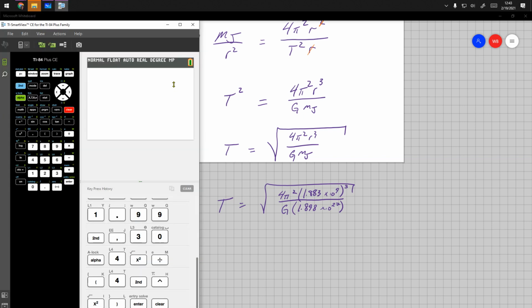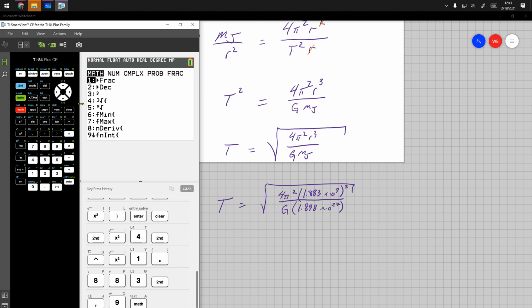And so now I'm going to grab my calculator and I'm going to do all of that stuff. So do it in one line here, make things nice and simple. 4 pi squared, I'm always following order of operations, times 1.883. I use my shortcut things here because that makes my life way easier.